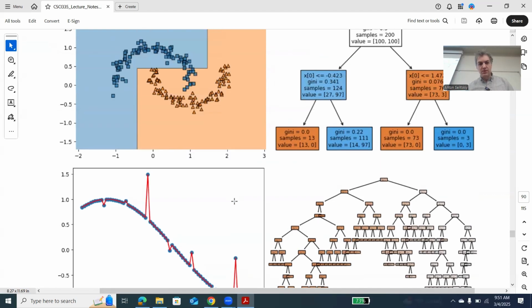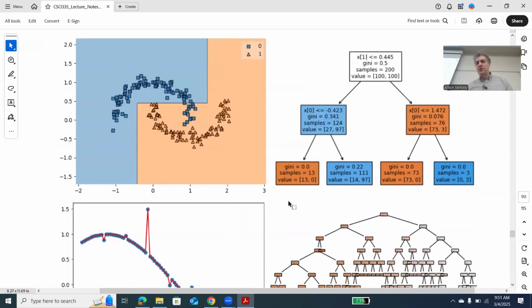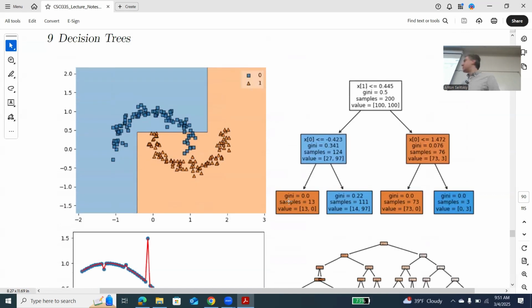Oh, by the way, how do you think the classification has been done in the leaves? So, for example, we have 13 points of one class here. We have 14 points of one class and 97 points of another class. So, can you guess how the final classification is done based on the number of points in the leaf?